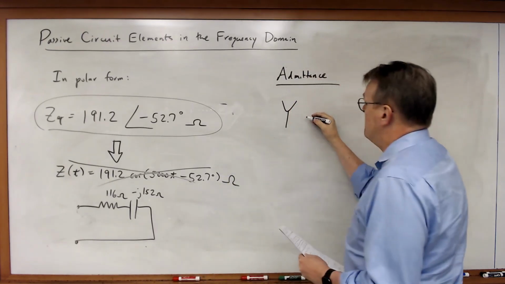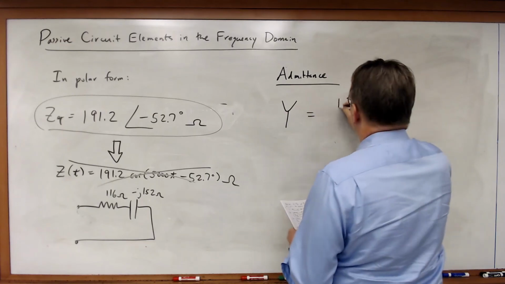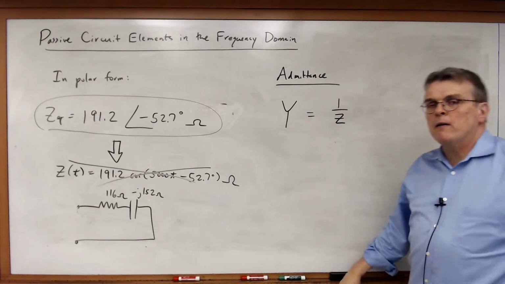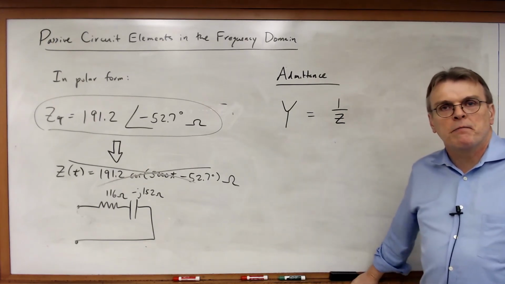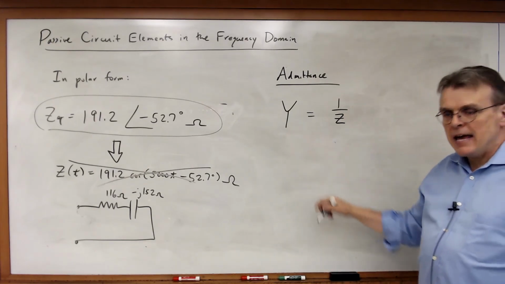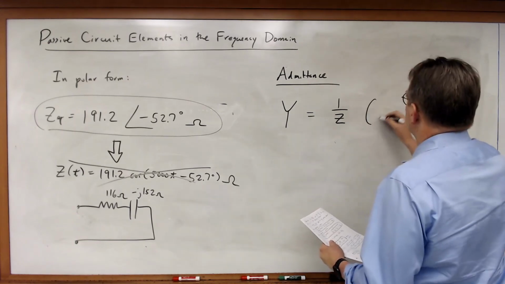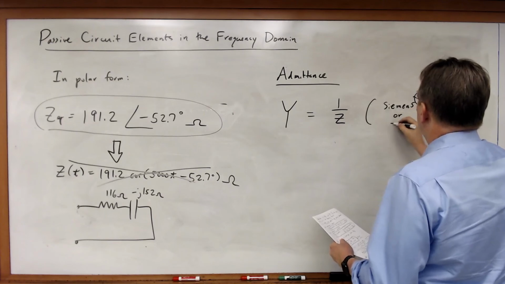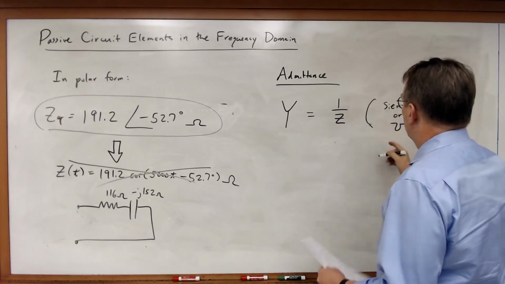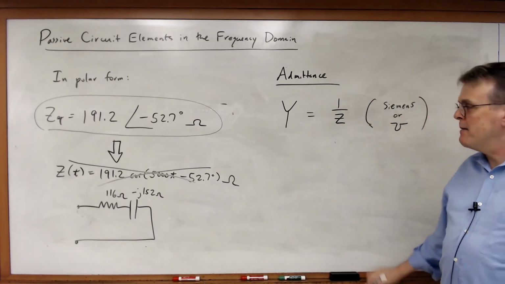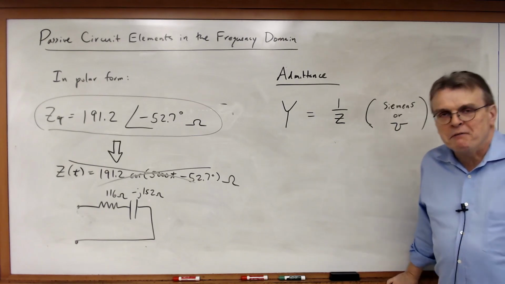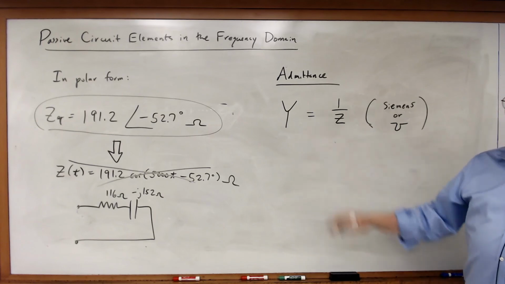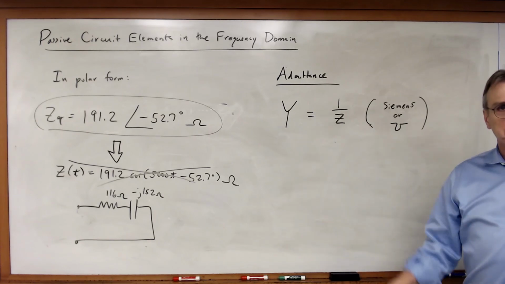So Y, admittance, is just equal to 1 over Z. So it's basically the parallel of conductance versus resistance. And admittance has units of, once again, Siemens or mhos. If you've been doing this for a long time, that used to be the nomenclature we used before. I've mentioned this before. And you can also see in a lot of older papers admittance expressed as mhos.